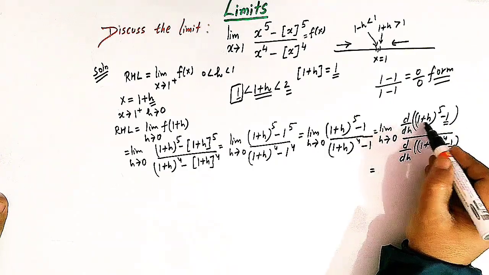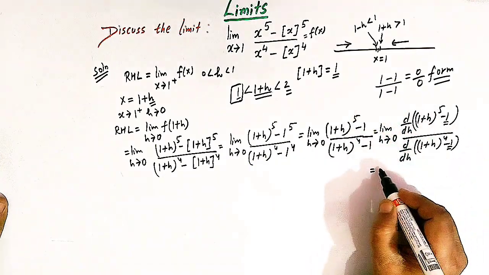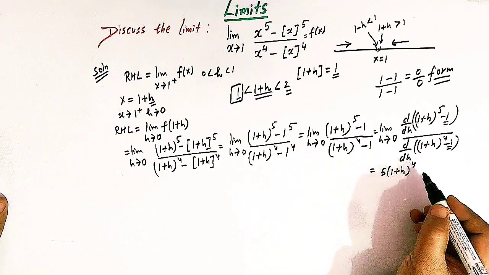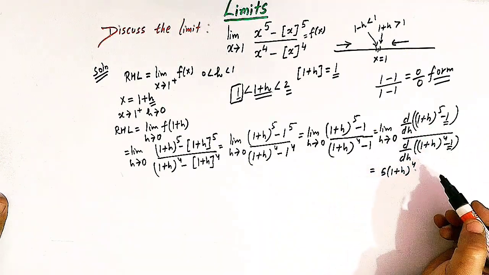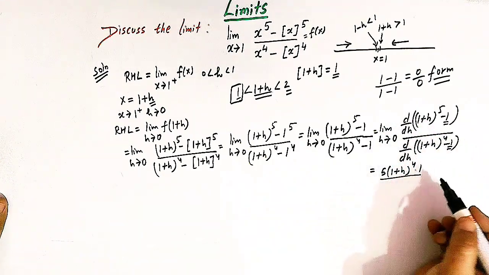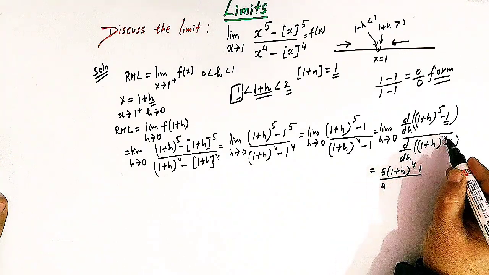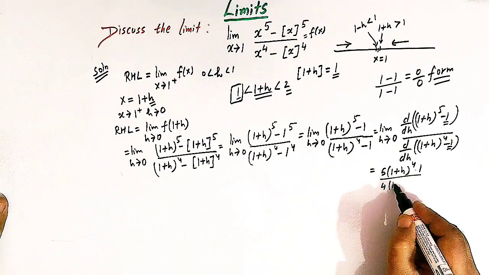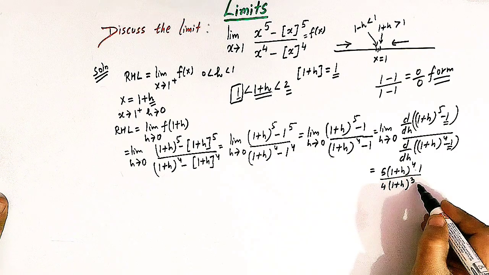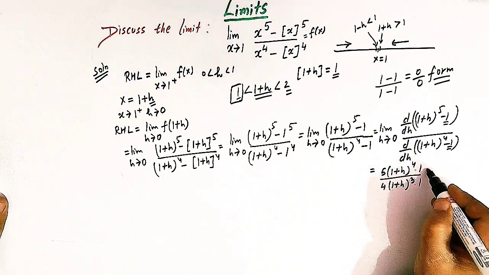So the derivative of (1 plus h) raised to 5, by making use of the power rule for differentiation, we have 5 (1 plus h) raised to 4, right? And by chain rule, the derivative of 1 plus h is simply 1. And here in the denominator we have 4, the derivative of (1 plus h) raised to 4 is 4 (1 plus h) raised to 3, 4 minus 1 is 3, and then the derivative of 1 plus h by chain rule is 1, right?